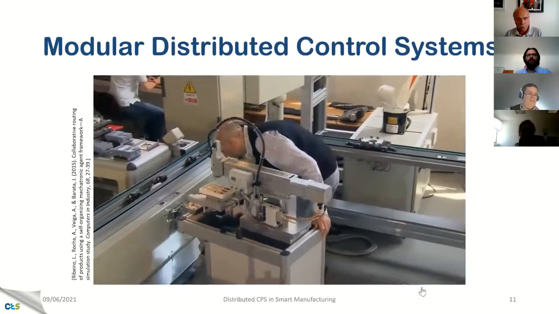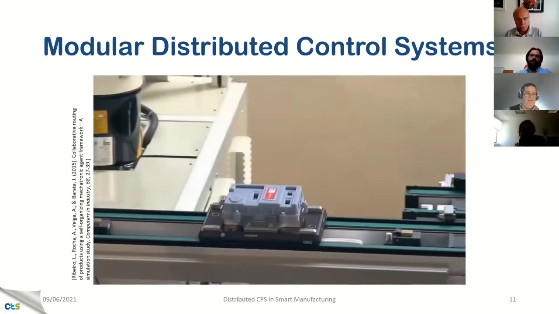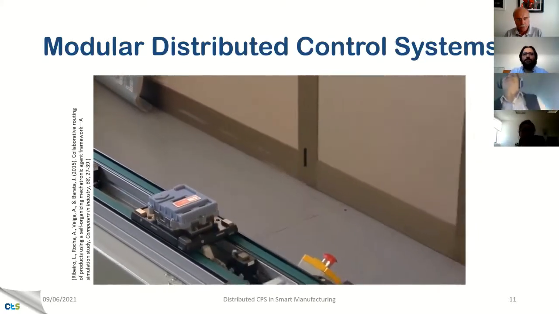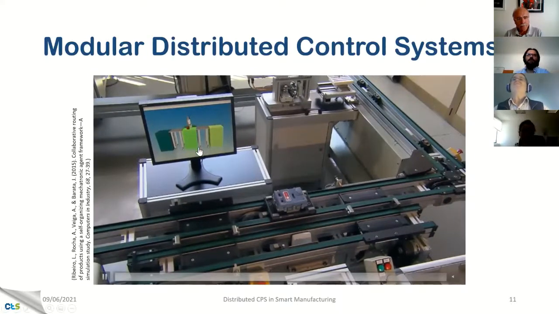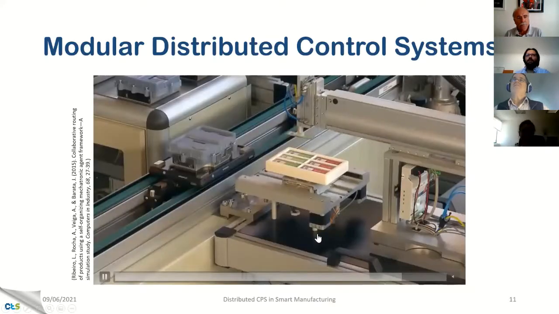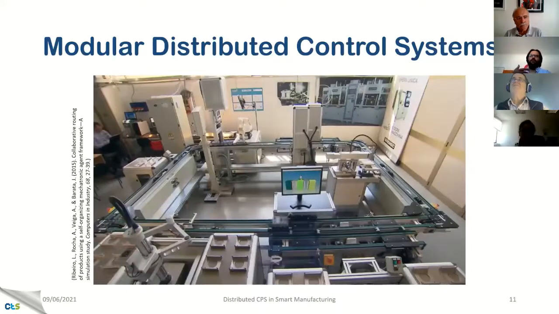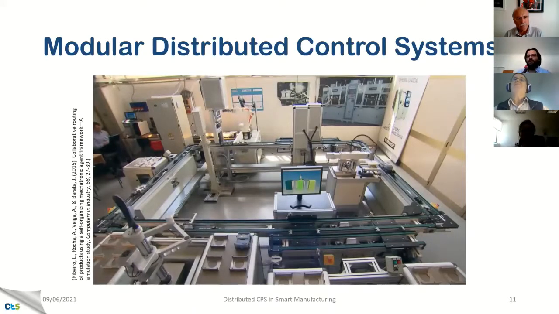In this case, the person just removes the station from one point of the system to another point of the system, and the system can automatically adapt to this new layout. In this case, we are also testing with a simulated environment. So this is a kind of simulation module that we plug here, and the system can interact, because for the cyber entity, it doesn't matter if we are dealing with a simulation or a physical component, because the cyber entity is controlling the simulation or the physical entity.